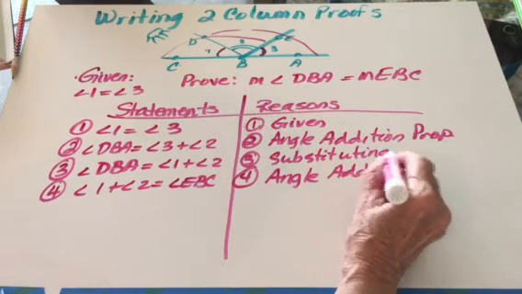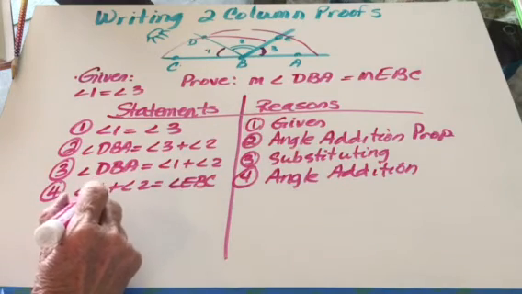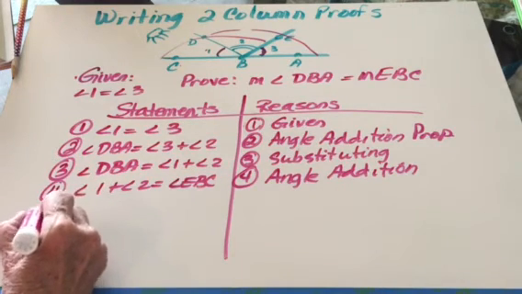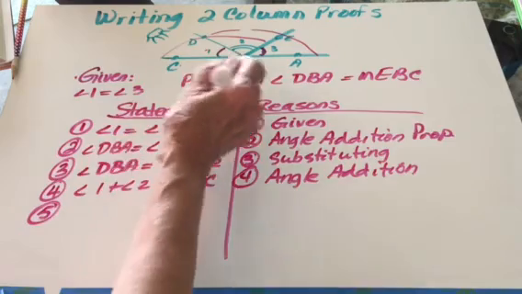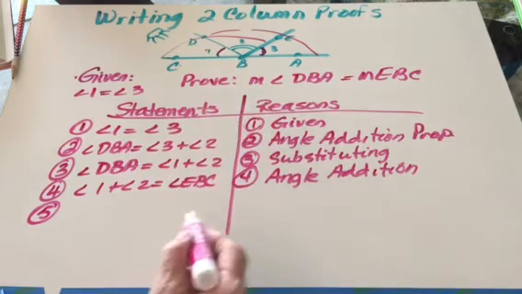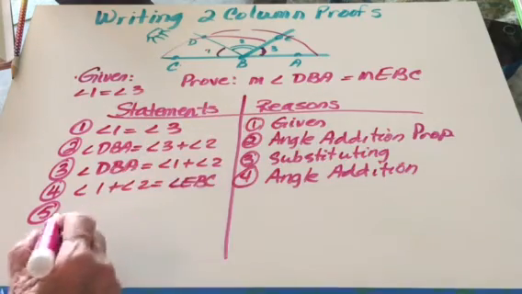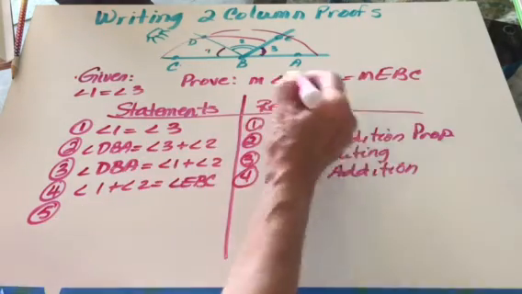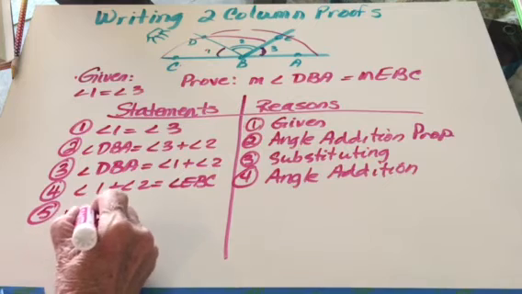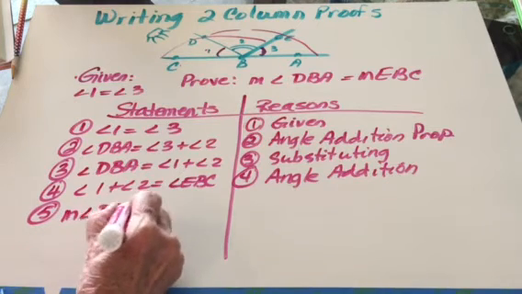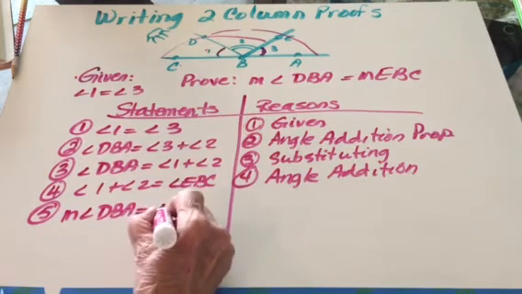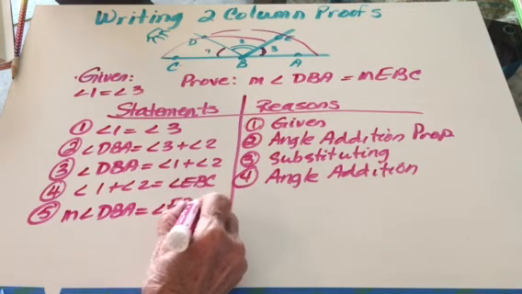Property, I'm not writing it down. All right, and finally, now we've got all those things down, and we have proven now that these two angles are the same. So on the last step, we write what they were asking us to prove. Measure of DBA is the same as the measure of EBC.